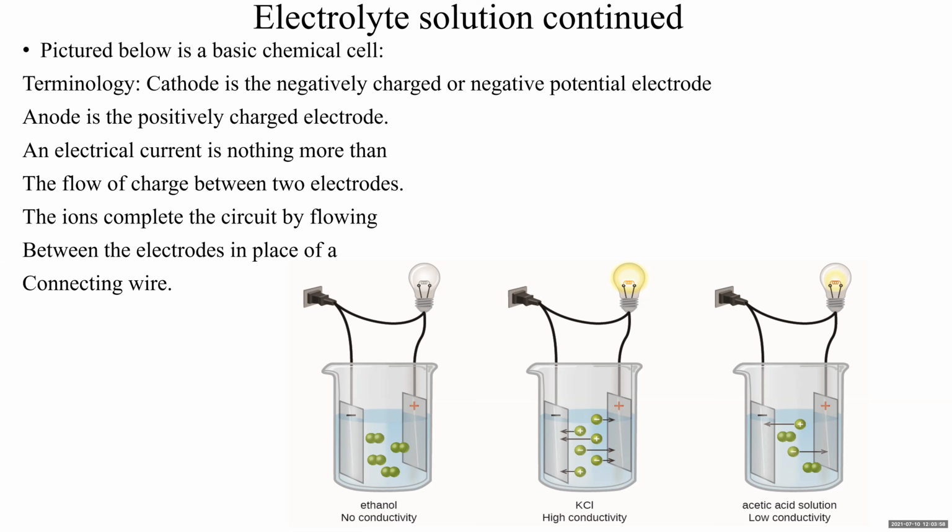It's not even necessarily a flow of negative charge. It doesn't matter, because if negative charge is flowing in one direction, positive charge is flowing in the opposite direction. So you can see it as either a flow of electrons in one direction, or the flow of the lack of electrons, what are called the holes, H-O-L-E, the positive charges, the holes that are left behind by the electrons leaving.